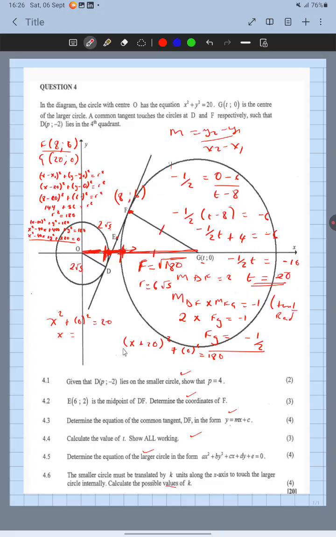So we can do the square root on both sides. So x minus 20 is equal to plus or minus root of 180, which means our x becomes 20 plus root of 180, and the other one, x is equal to 20 minus root of 180.